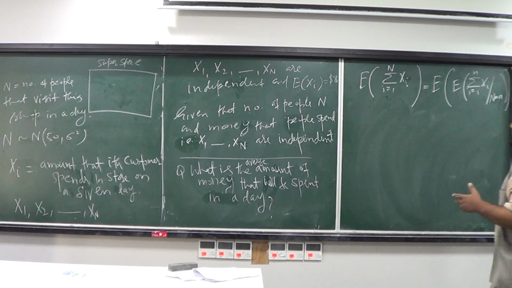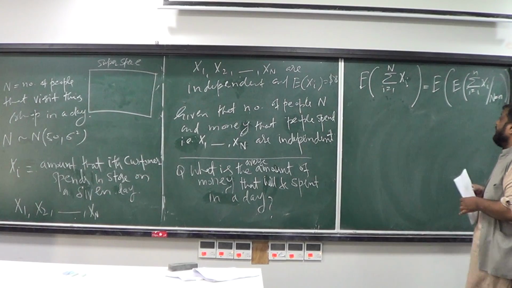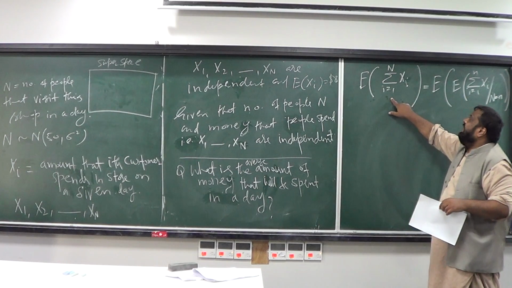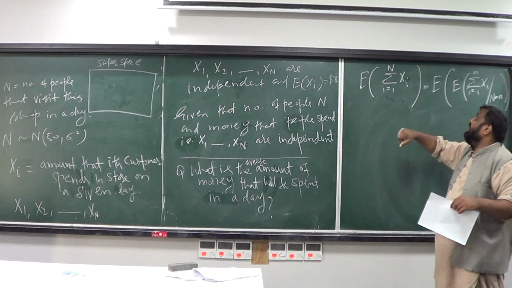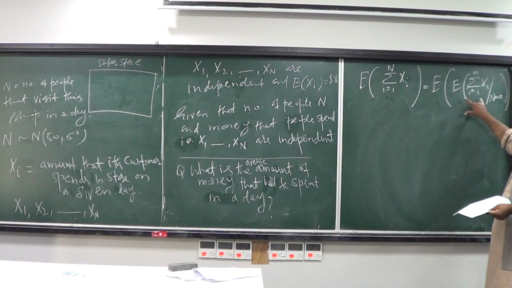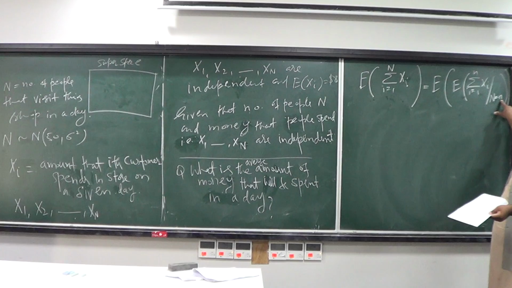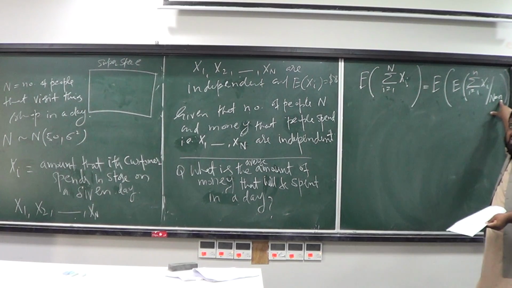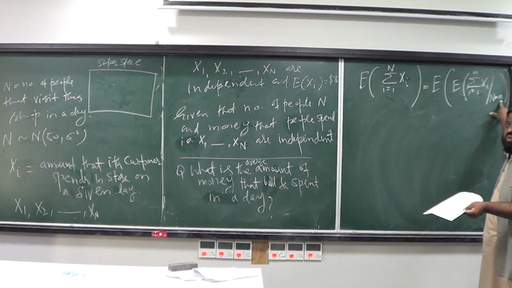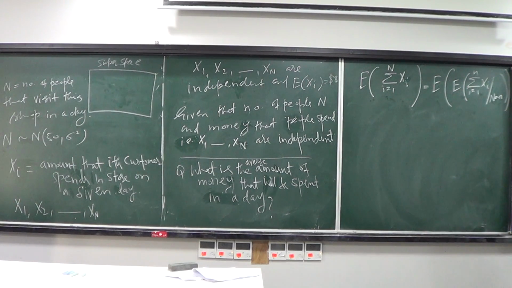So it's like the expectation of x is equal to the expectation of the expectation of x given y. In other words, what is the average of the average spendings done by the customers, given that small n people have visited the store? So I can write this conditional expectation like that.